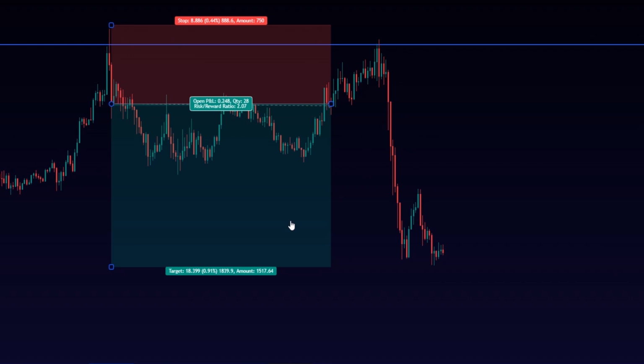As you can see, the price reached our desired level, and our trade closed with profit.